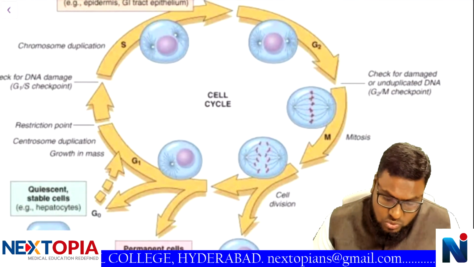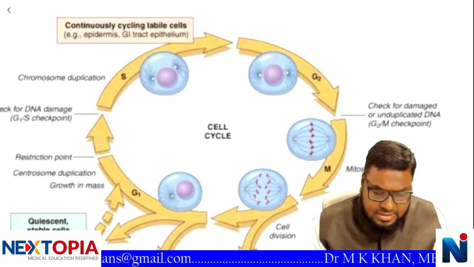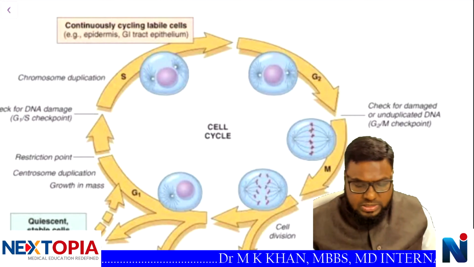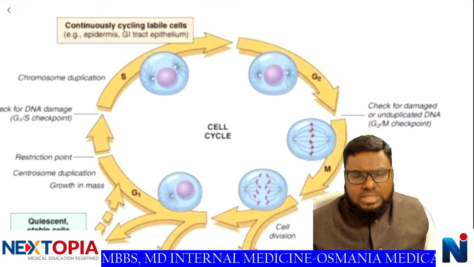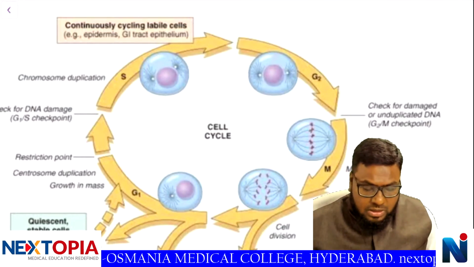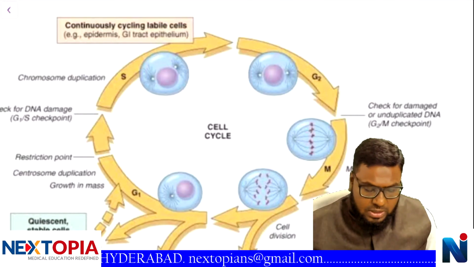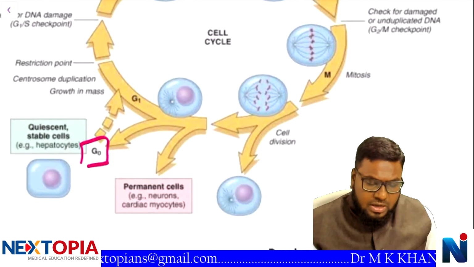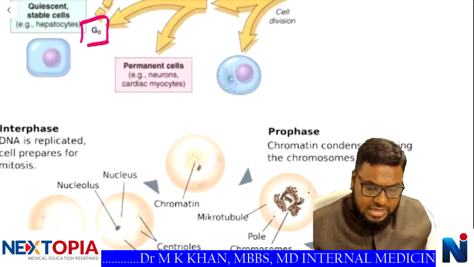All right, so this is the cell cycle. We have permanent cells like neurons, cardiac cells and brain cells, which do not undergo this cell cycle much, but certain cells like hepatocytes are in a sleeping stage, not a resting stage, we call it G0 phase. From G0 phase they enter into G1, then S, then G2 and M, like that.